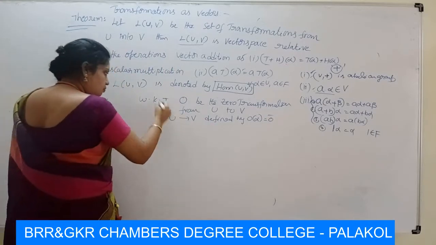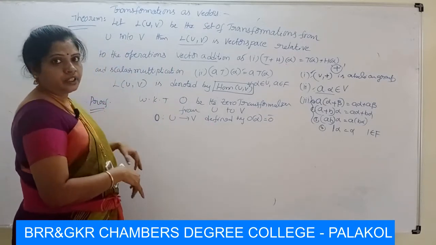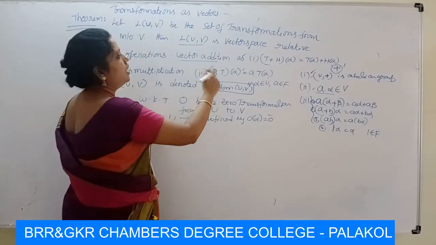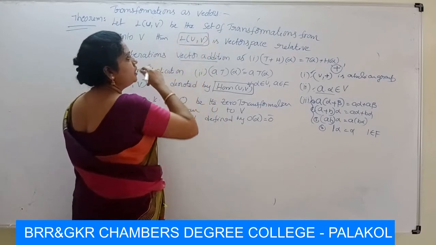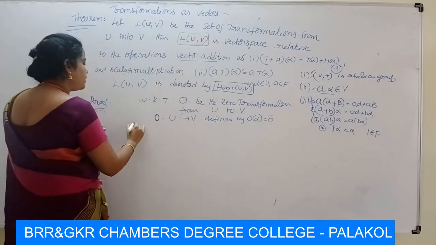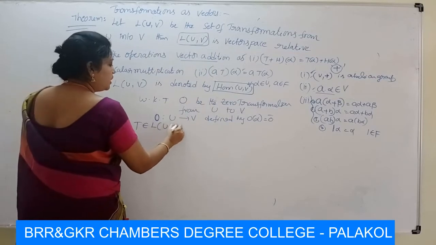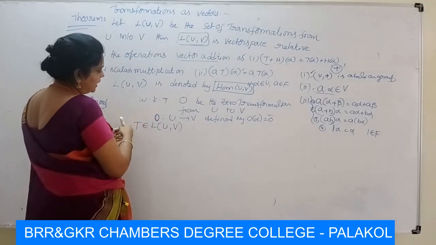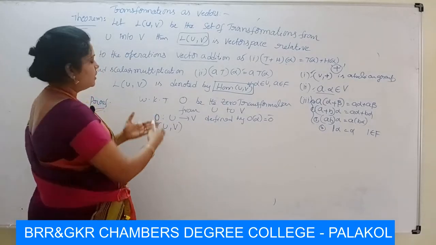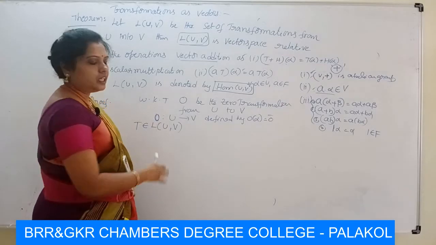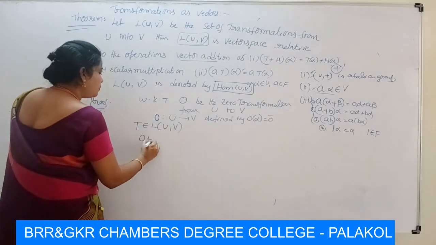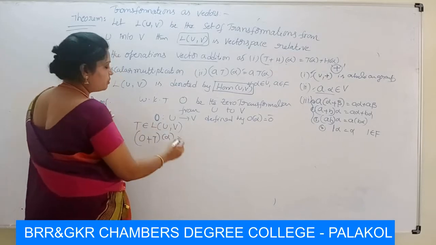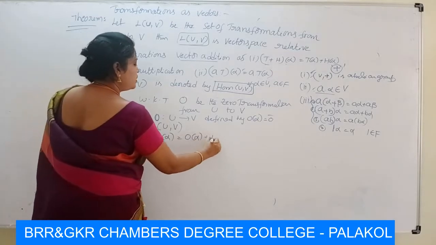Now we have to prove this O is the additive identity of L of UV. First we take an element T in L of UV, then we add this zero transformation to T. If we get the same T, then O is the additive identity of L of UV. Now we see O plus T of alpha is equal to, by the definition of the sum of transformations, O of alpha plus T of alpha.